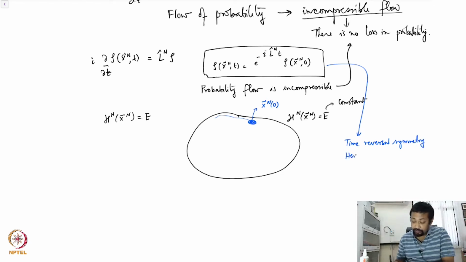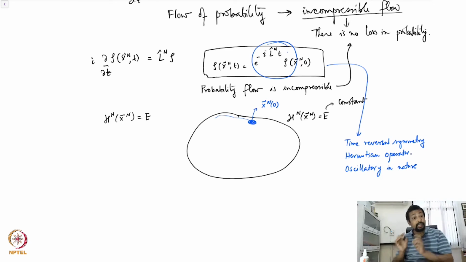The Liouville operator is a Hermitian operator, and if you look at the nature of the solution, particularly this term, this essentially tells you that the solution is always oscillatory in nature. Therefore, one must understand that this equation does not describe the irreversible decay of the system to a unique equilibrium state. So one must start off with the equilibrium state from the very beginning itself.